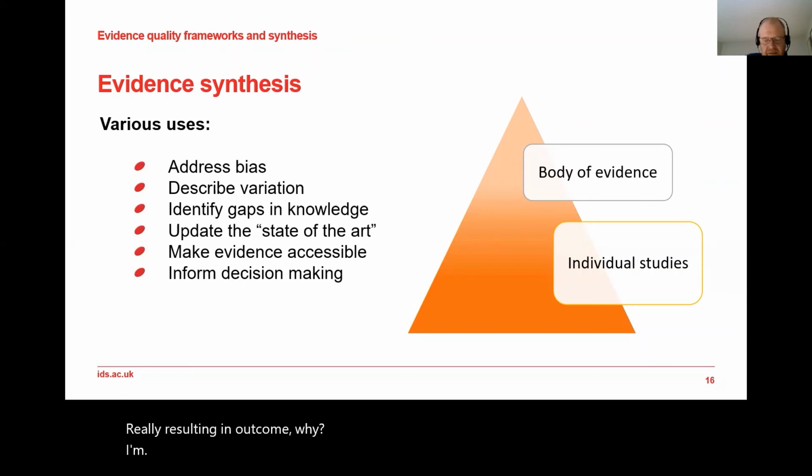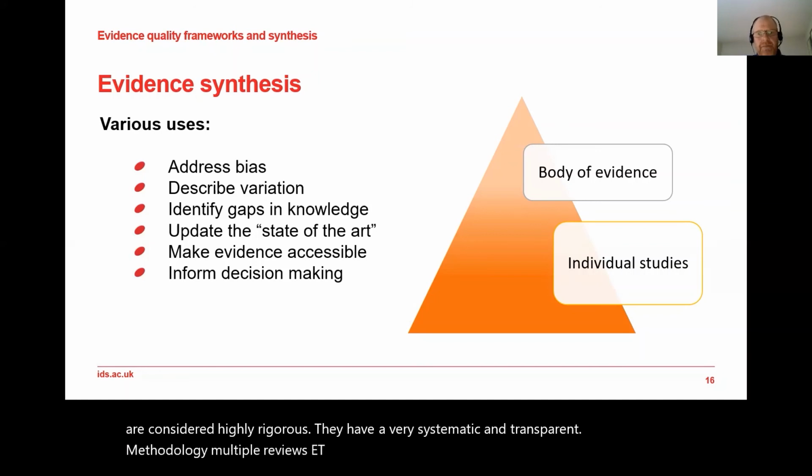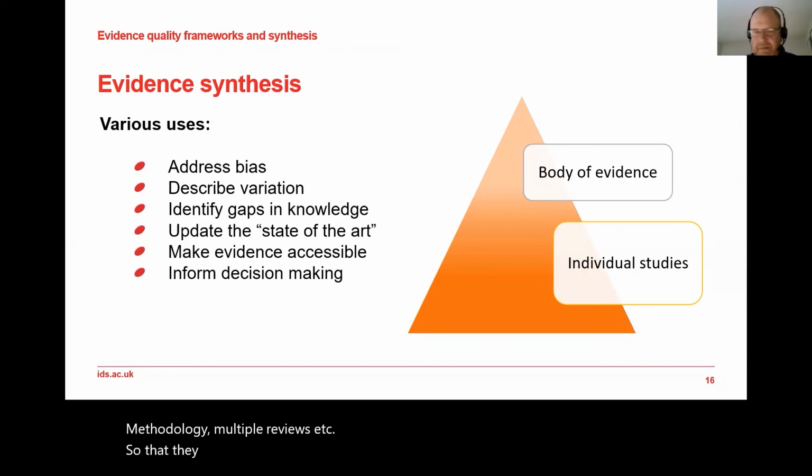And so systematic reviews are often used in policy to justify a course of action because they're considered highly rigorous. They have a very systematic and transparent methodology, multiple reviewers, etc. So they're considered, as I've said before, a gold standard of evidence synthesis.